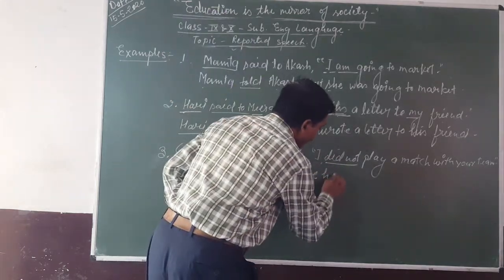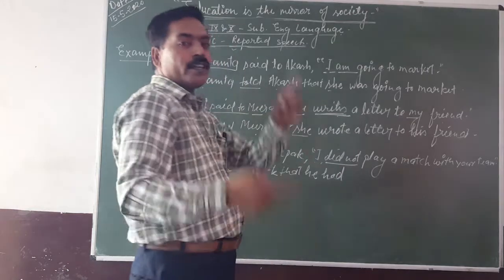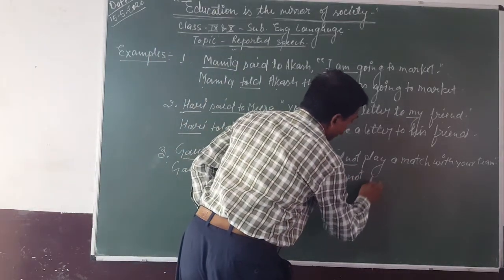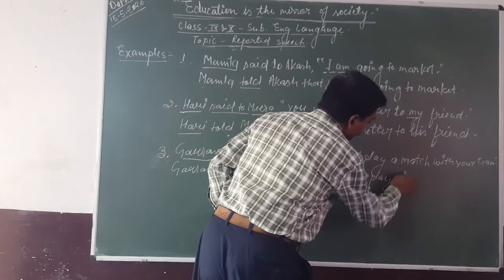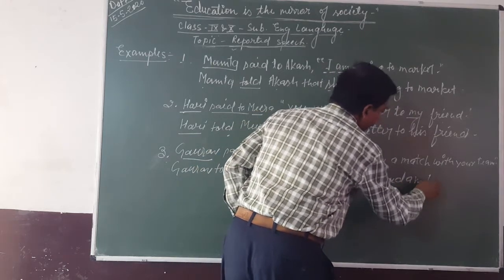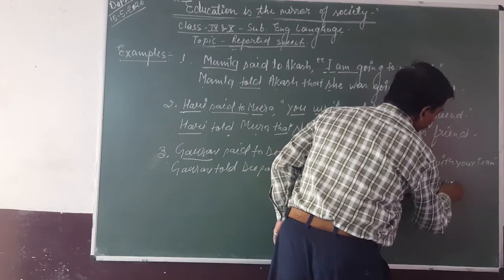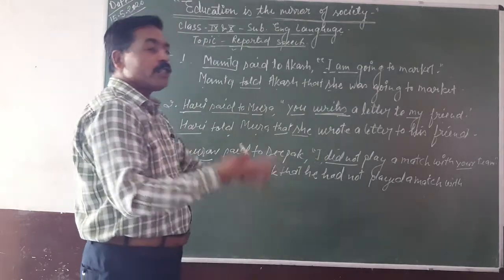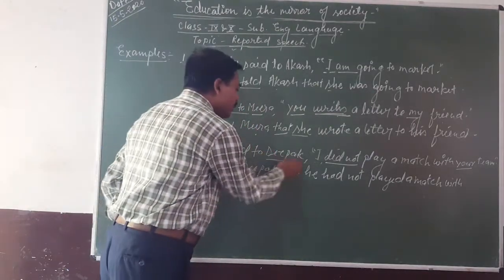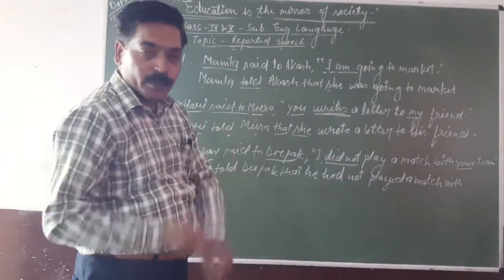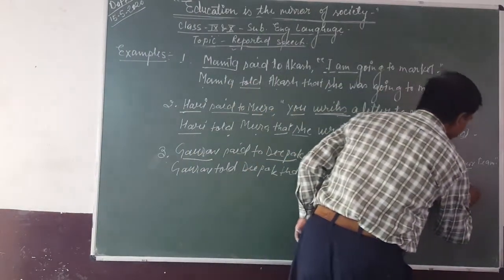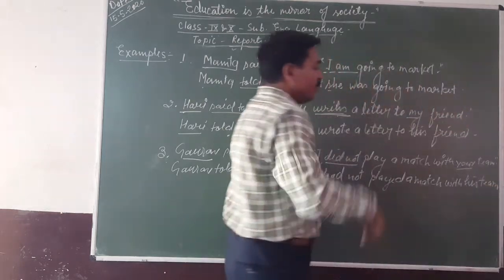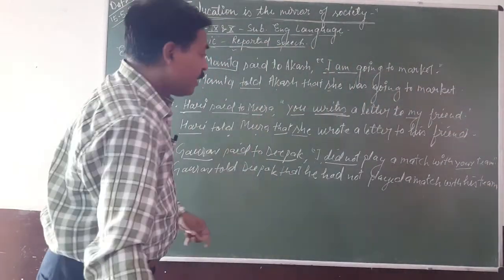In past perfect tense we use the helping verb "had" plus the third form of the main verb. So right here, "had not played a match with"... here "your" is given. Your is the objective of "you", so change it according to the object. The object is Deepak, so "your" changes into "his team". His team. Okay.